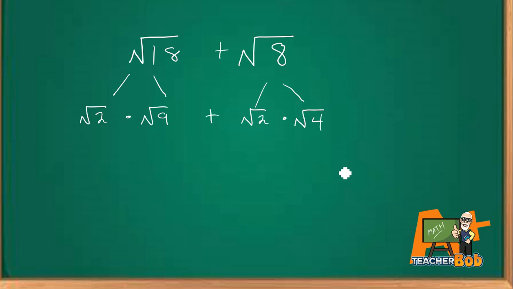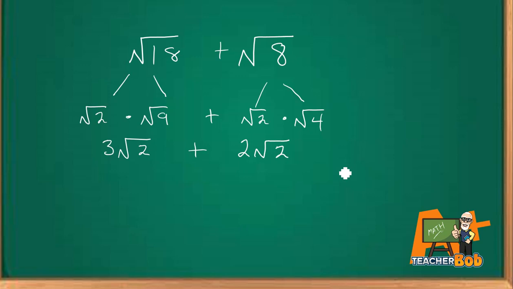So this square root of 2 times the square root of 9 we can rewrite as 3 times the square root of 2 plus the second one here. The square root of 4 is 2, so that's 2 times the square root of 2.